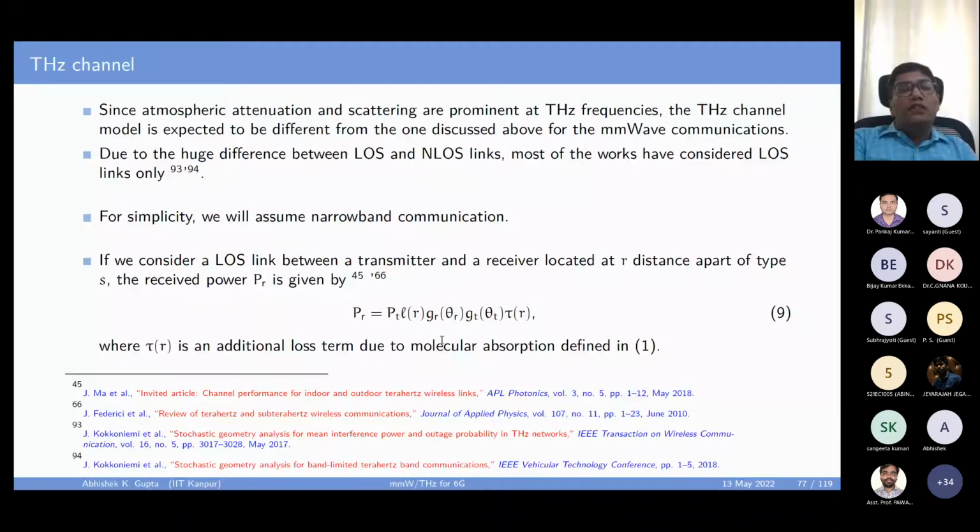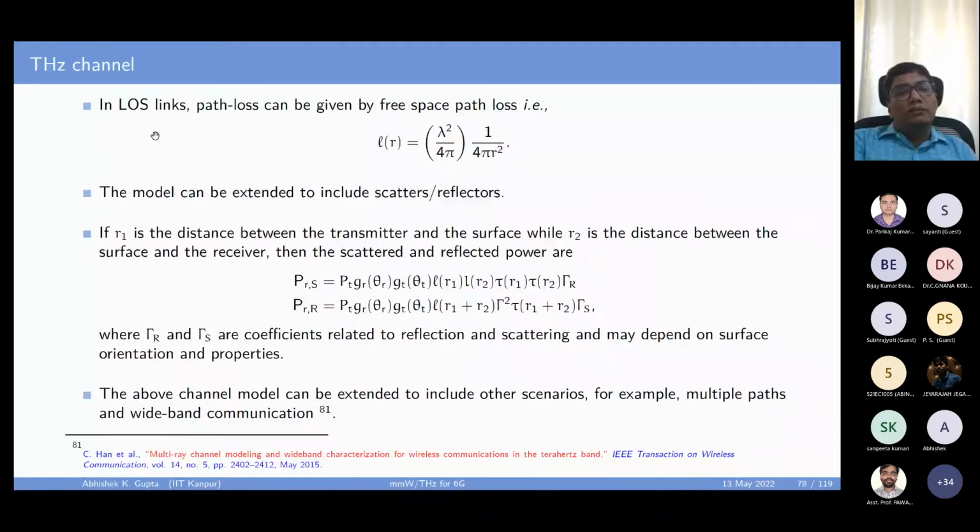For line of sight links, the path loss is given by this factor. This is the same as the previous one with the path loss exponent alpha as 2, and the near field gain is given by this. This is the Friis equation, which defines the free space path loss, and you can extend it to include scatterers.